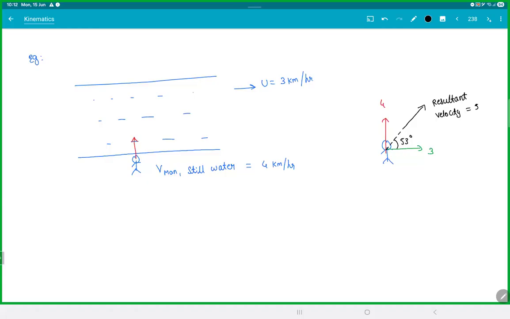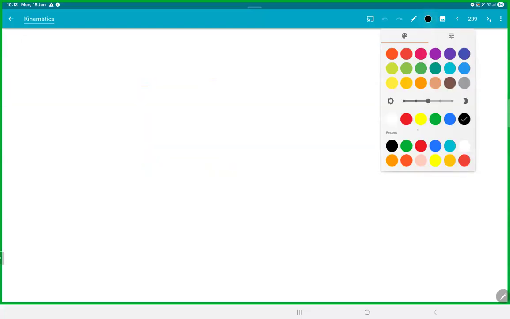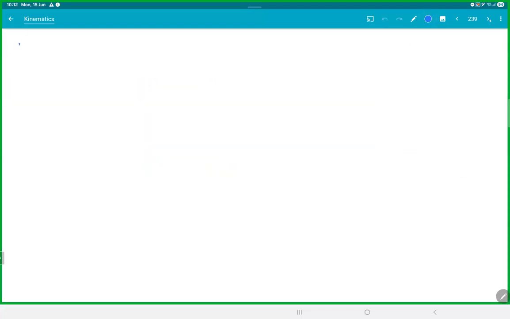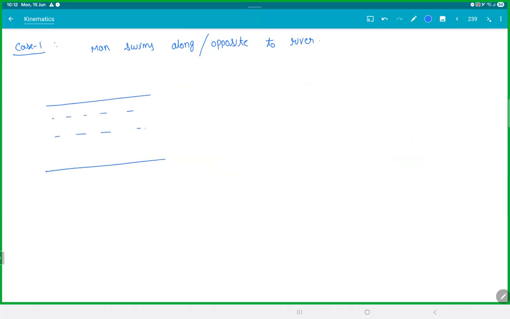All clear with this? Now in this, we have few cases. Case one, man swims along or opposite to the river. River is going with you.